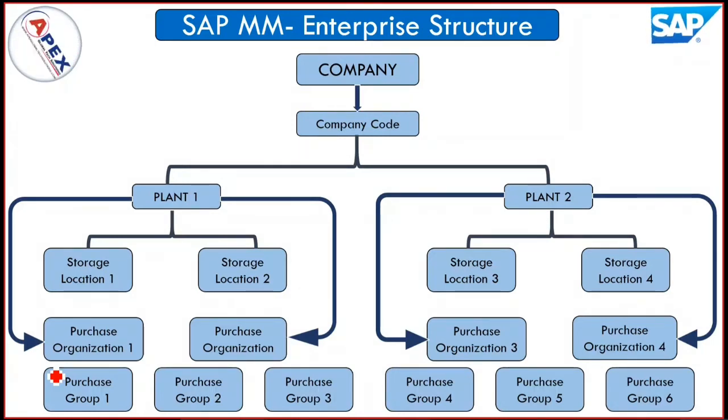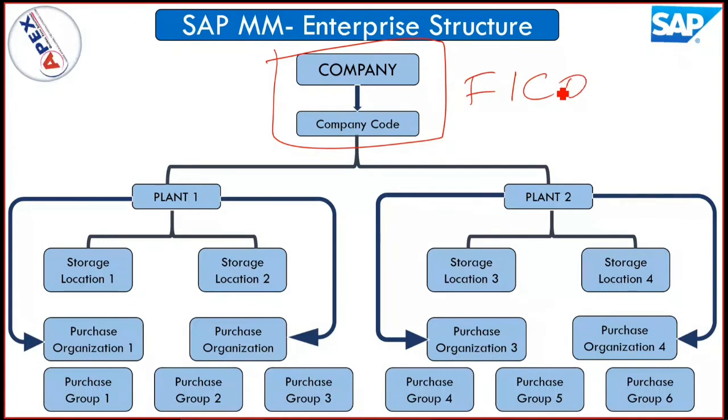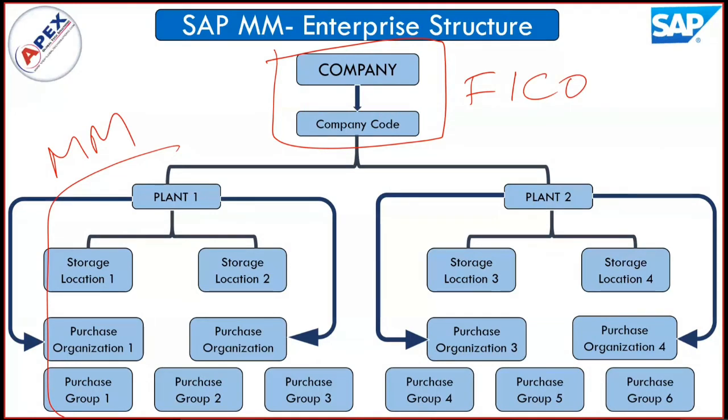Okay, so these are the elements. See, company and company code will be maintained by FICO people, not MM. So this will be MM. Don't say company and company code as an element. You have to say plant, storage location, purchase organization, purchase group. So this is the interview question.